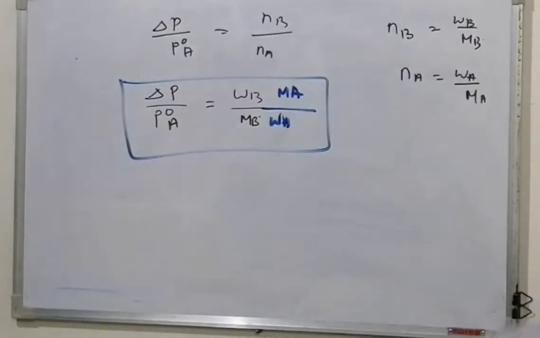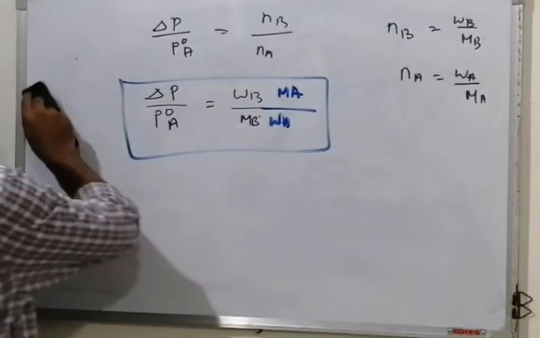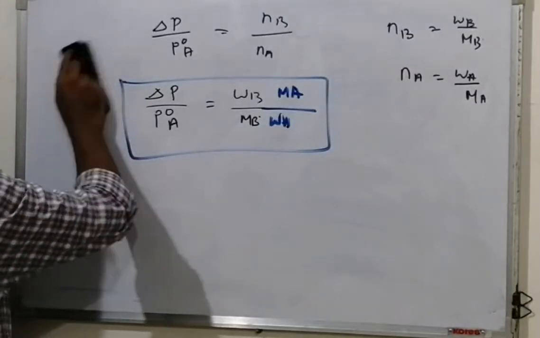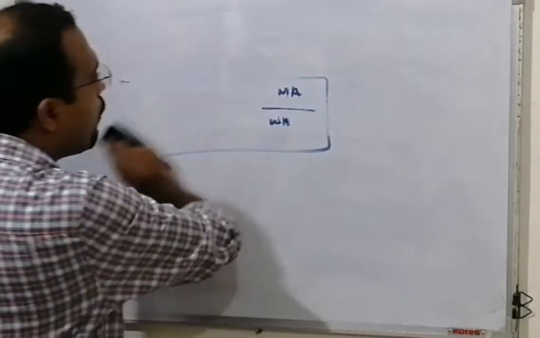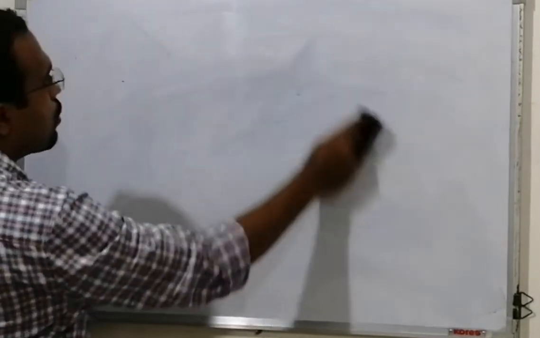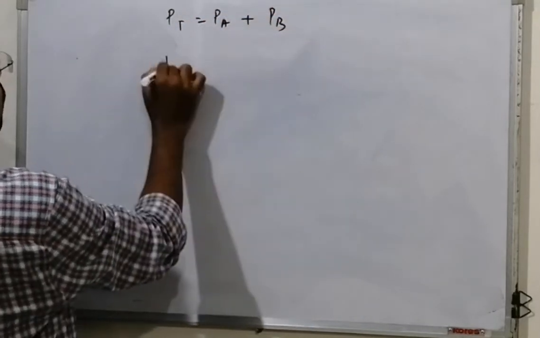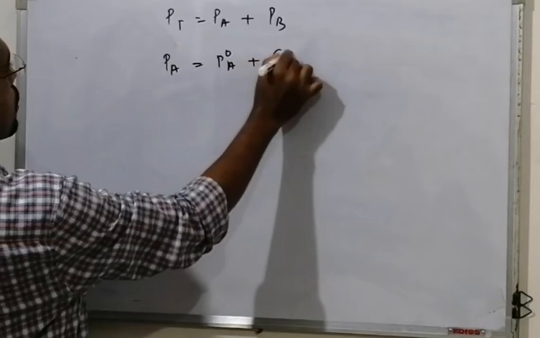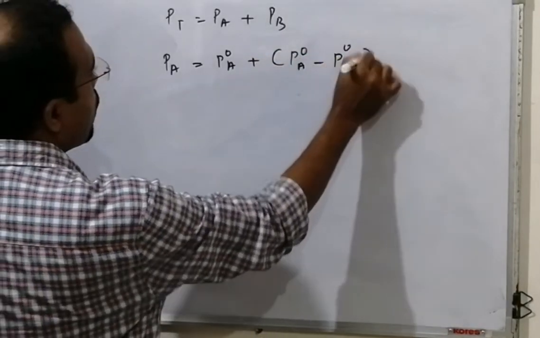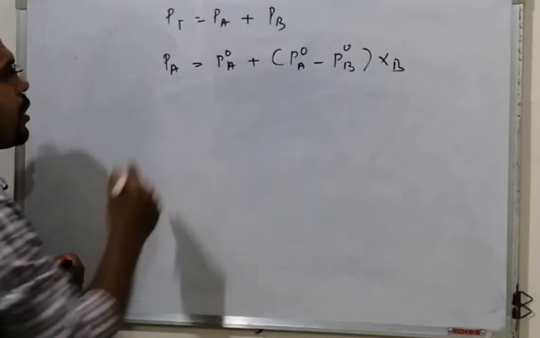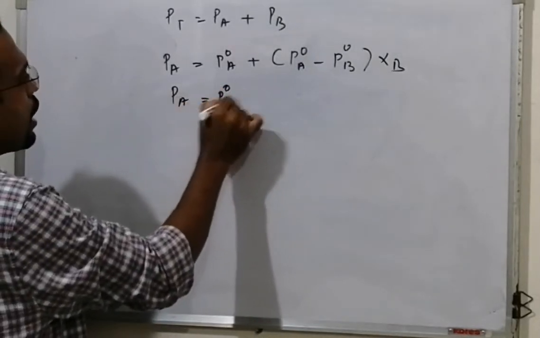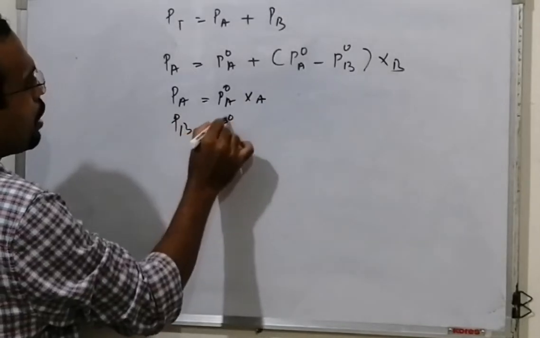Many students have confusion about when to use Raoult's law and when to use the relative lowering of vapor pressure, because Raoult's law also contains the terms vapor pressure, pure pressure, etc. Therefore, I will tell you: P total is equal to PA plus PB, or P total is equal to P0A plus (P0B minus P0A) XB. Or PA is equal to P0A into XA, PB is equal to P0B into XB.